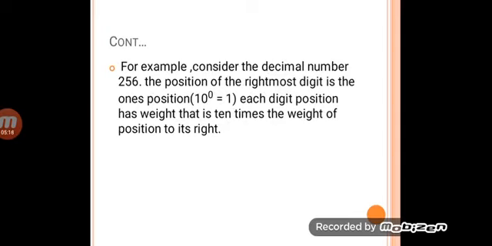For example, consider the decimal number 256. The position of the rightmost digit is the zeroth position. Each digit position has a weight that is 10 times the weight of the position to its right.